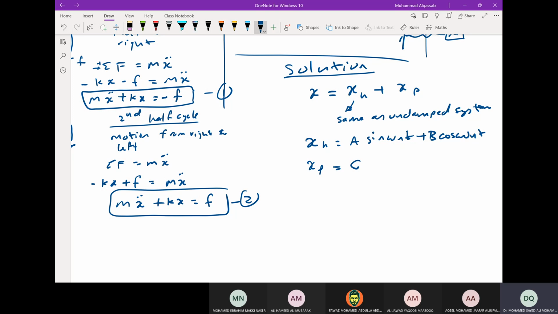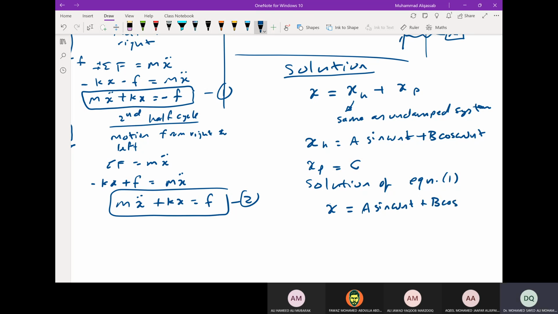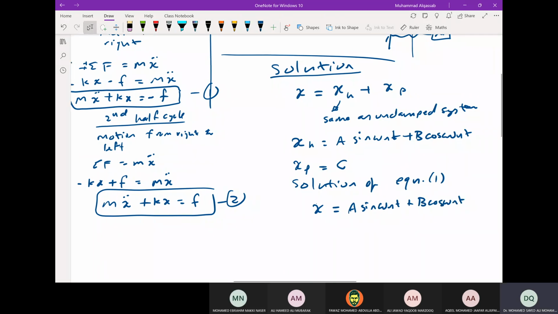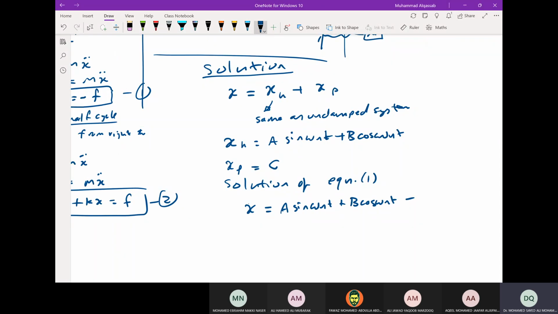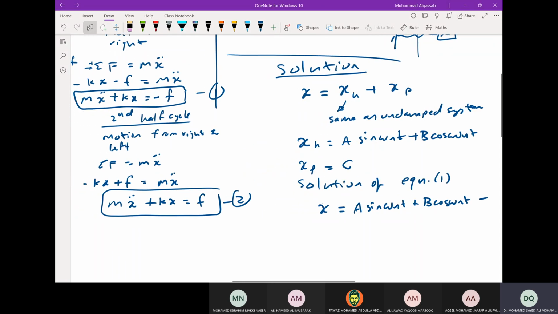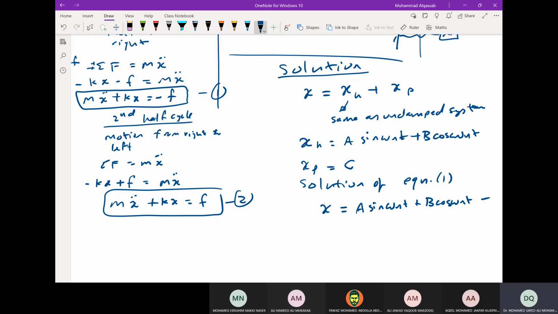So the solution of equation number 1 will be x equal to a sine omega_n t plus b cosine omega_n t, and there is a minus, so this will be minus, and the value of c, when you substitute in the differential equation, m x double dot is 0, because x_p is constant, so x double dot is 0, so it's going to be k times c, and c becomes minus f over k.